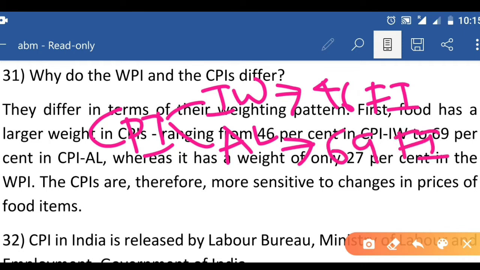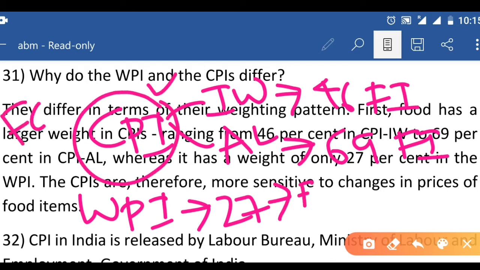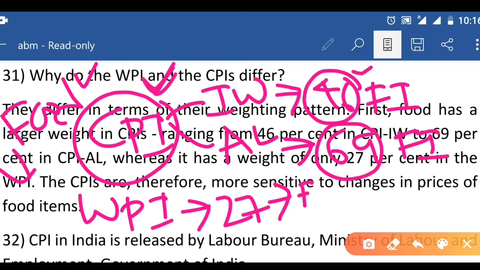In the wholesale price index, we give only 27% weightage to food items. So here in the consumer price index, if food item prices increase, then consumer prices increase. If the food item prices decrease, immediately the consumer price index also decreases. Here the consumer price index is more sensitive to food items because of these food contents in the consumer price index.